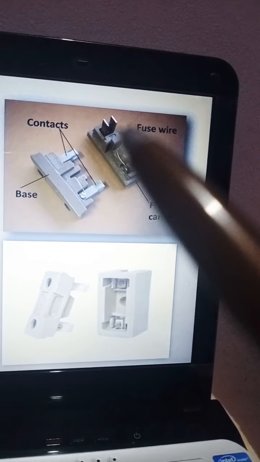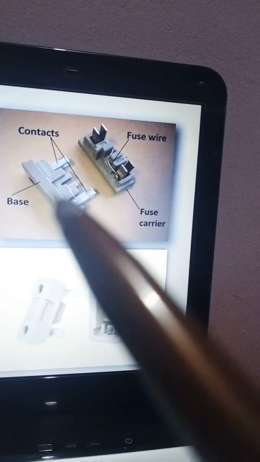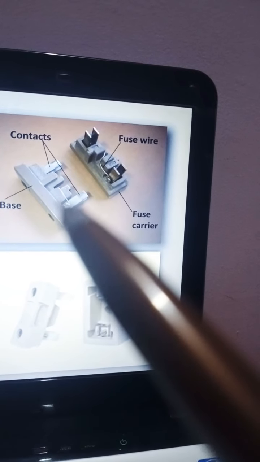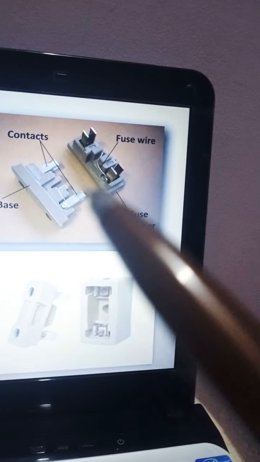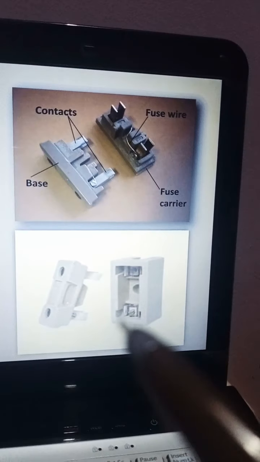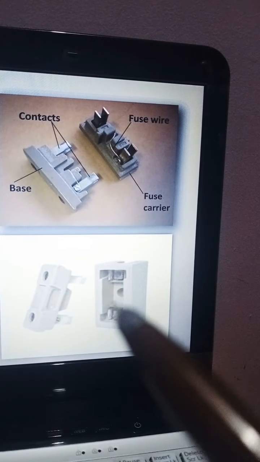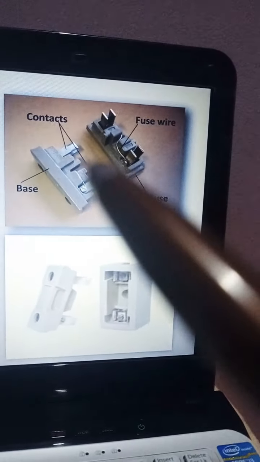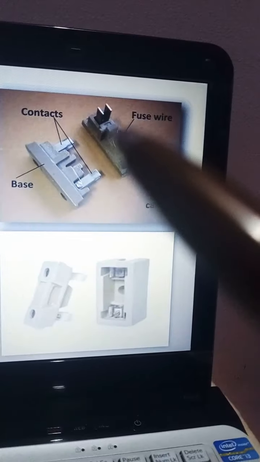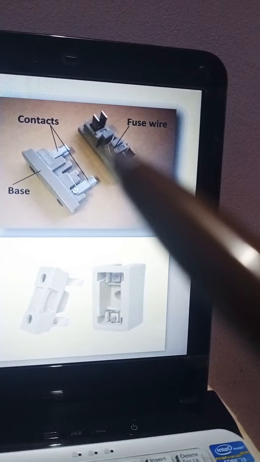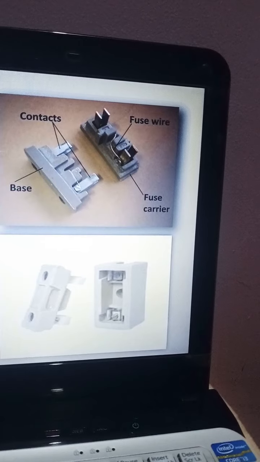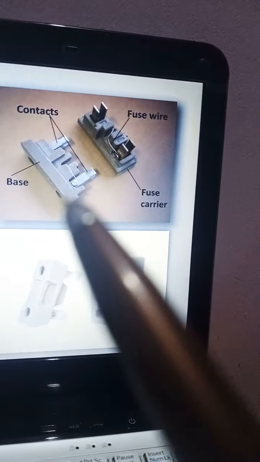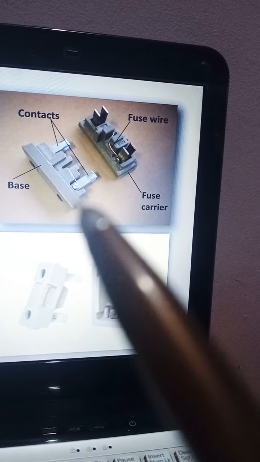In this part we connect the fuse wire, and this part we insert inside it. This is the socket in which we insert the fuse. Here you can see a thin copper wire which is called the fuse wire, and this material is bakelite.